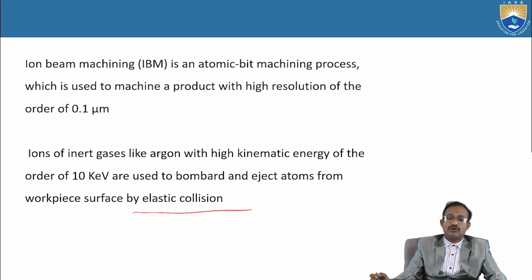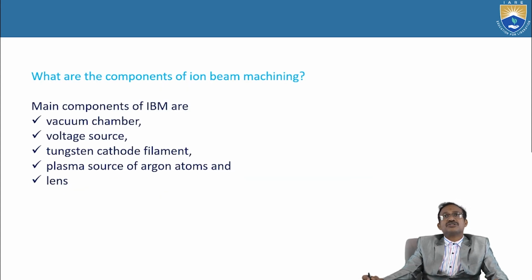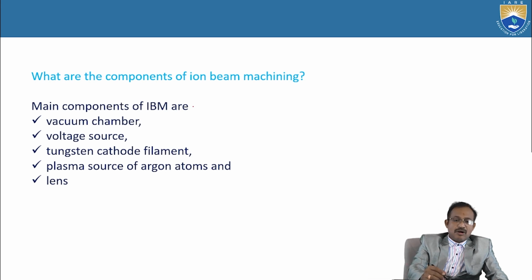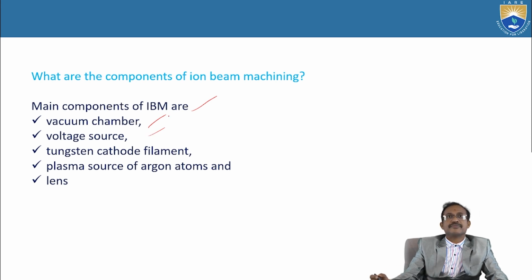Okay, and what could be the kinetic energy? Of the order 10 kilo electron volts. Next, what are the components of ion beam machining? The main components of ion beam machining are vacuum chamber, voltage source, tungsten cathode filament, plasma source of argon atoms, and finally the lens.